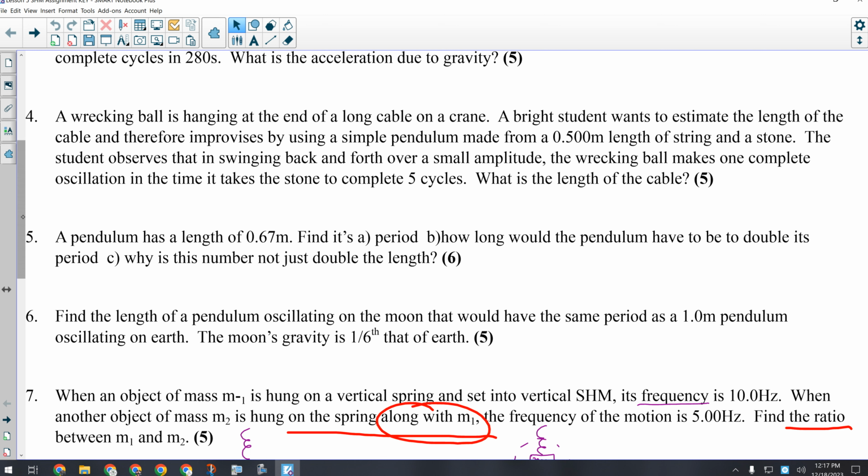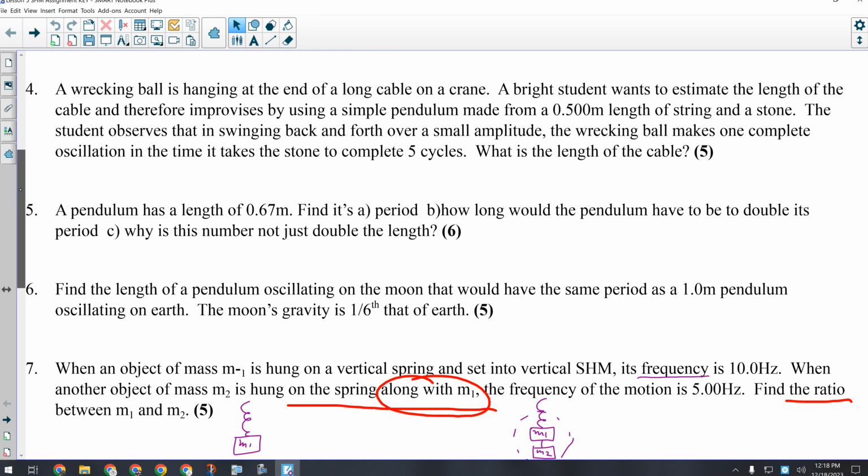It is really important, this 5-to-1 thing. The little pendulum makes 5 cycles, the big one makes 1 cycle. We're looking for the length of the cable on the wrecking ball from that information. Obviously, this also occurs where? Earth, where g is 9.81.